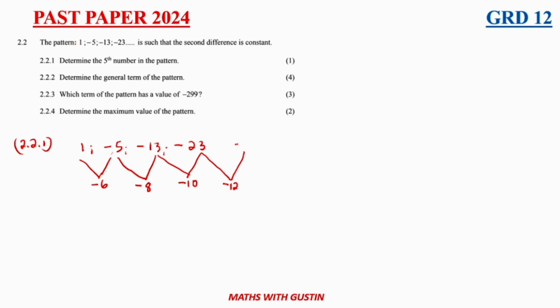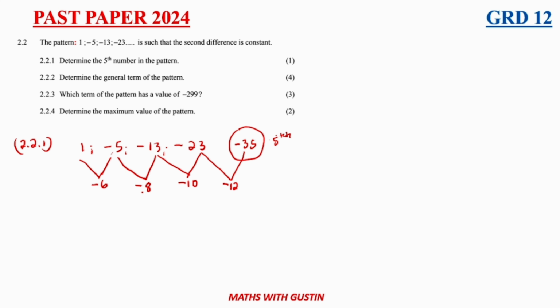So therefore we can already see that this plus this will give us negative 35. So this will be our answer. This is our fifth term, guys. There you go, and we are already done.